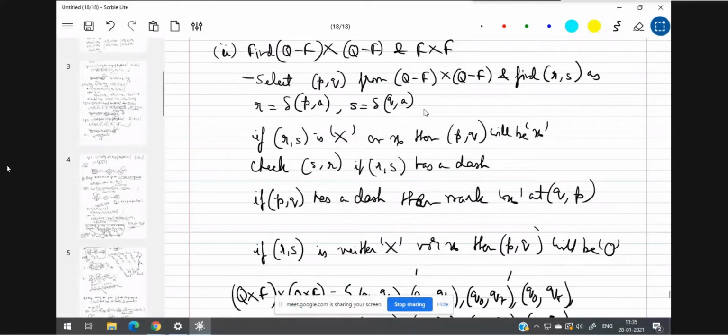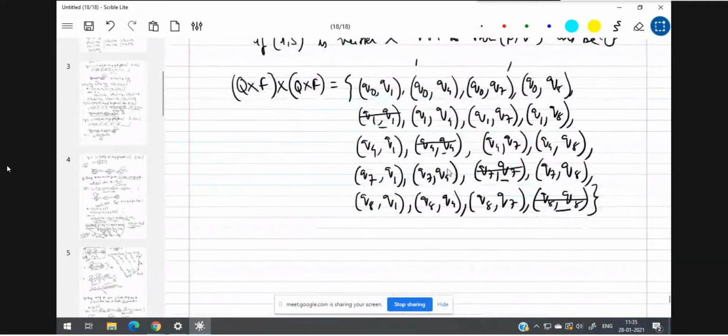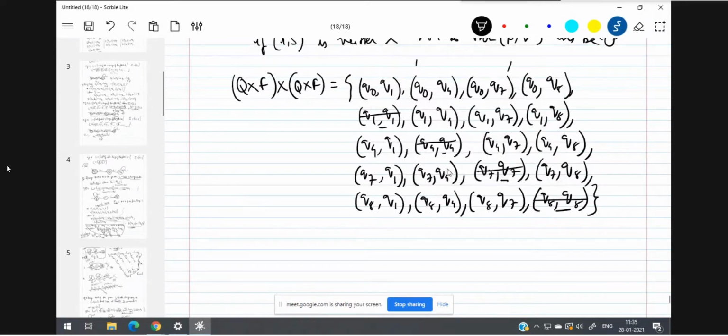Let me tell you. Now, from this Q minus F cross Q minus F, let me consider this one. It's a little bit lengthy, but once you understand, it's easy to understand, okay? So this is P comma Q is equal to this one.